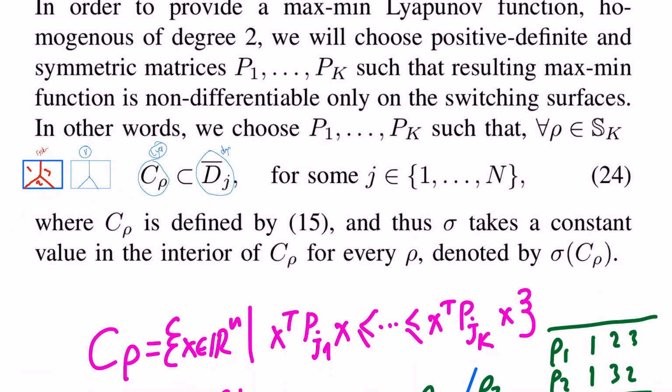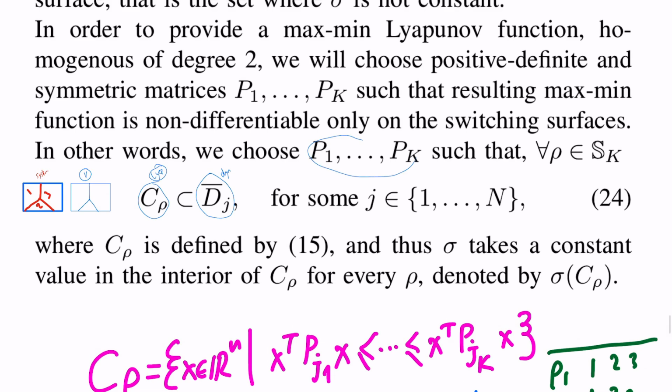Since we have k functions, we also have k factorial permutations, and each permutation corresponds to a region in the state space. We have that expression here.